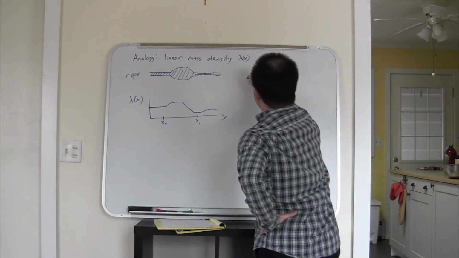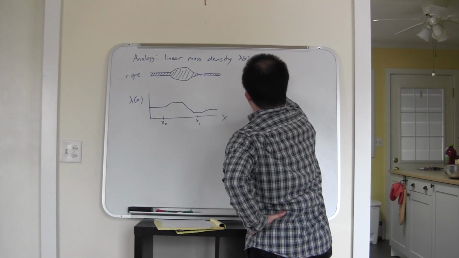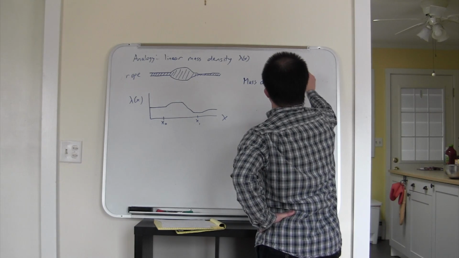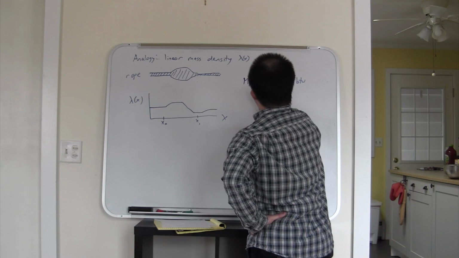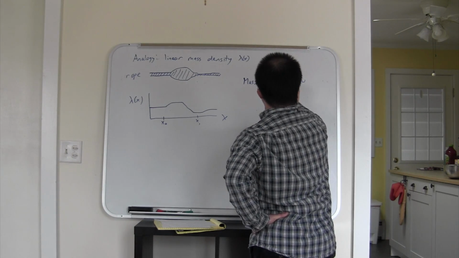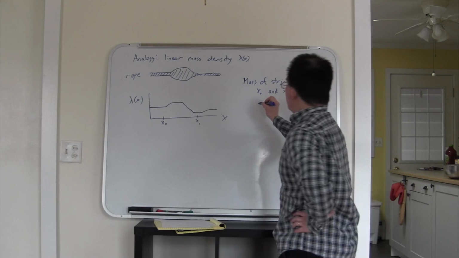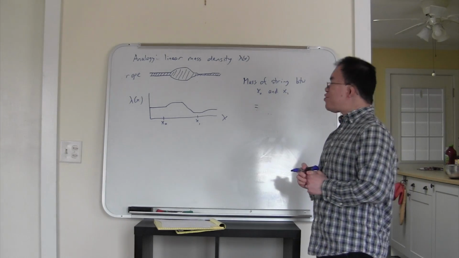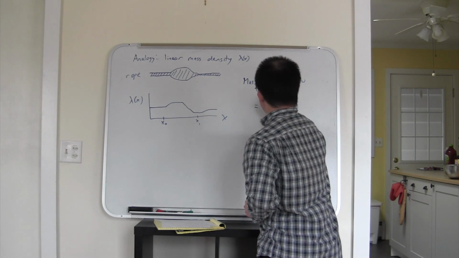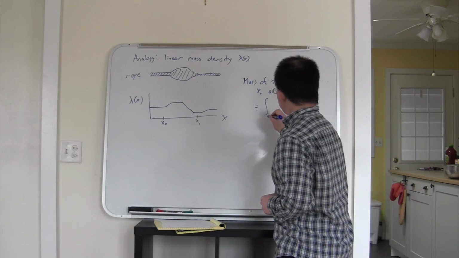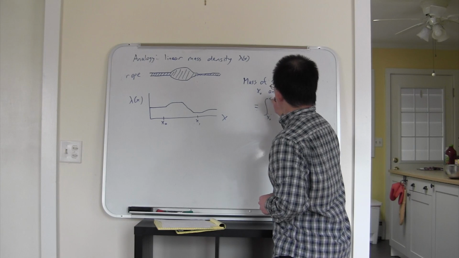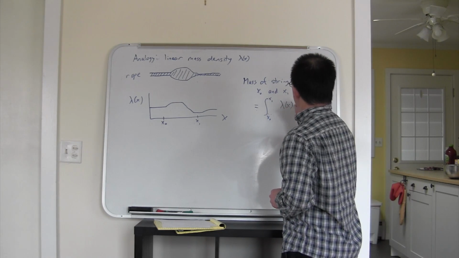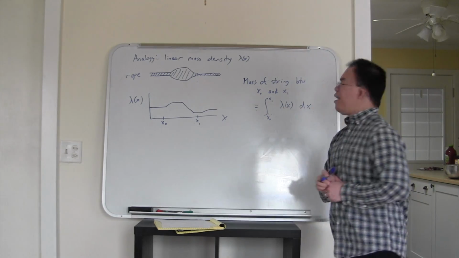The mass of string would be given by the integral of this linear mass density from x0 to x1, the integral of lambda of x dx.